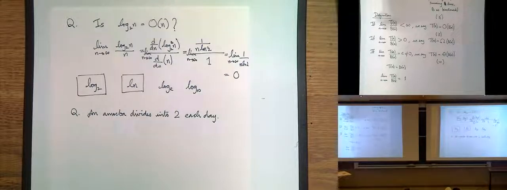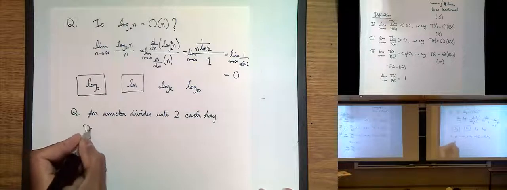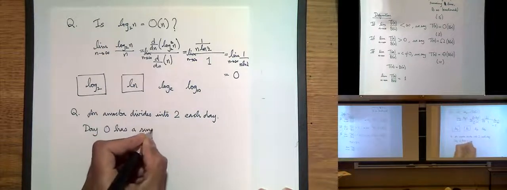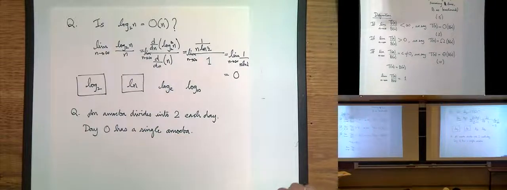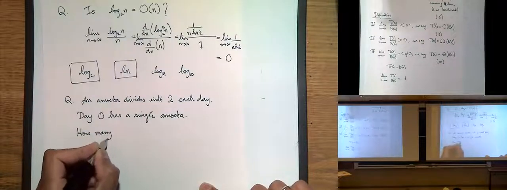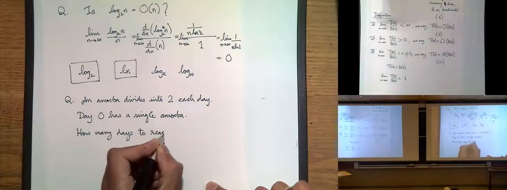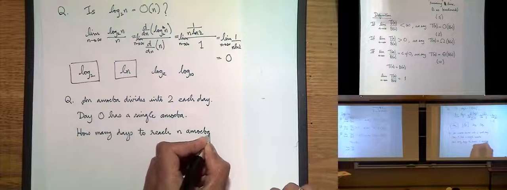That's how these things grow. Okay? We'll say day 0 has a single amoeba. How many days to reach n amoebas?